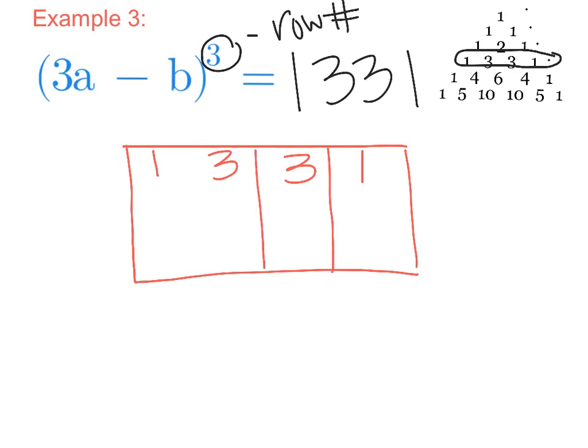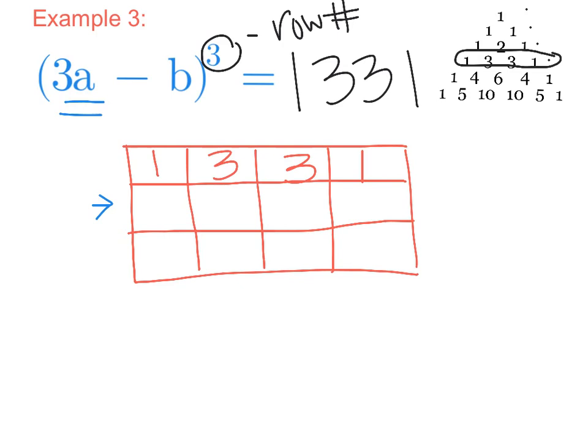Our first row represents all the coefficients for the binomial from Pascal's triangle. The next row will be used for 3a. Now remember 3a, we're going to start out with the highest exponent, which is 3.